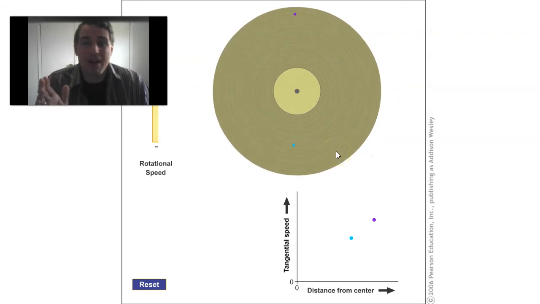But what do we mean by faster? Not faster in terms of rate of rotation, in terms of angular velocity, but faster in terms of linear velocity or tangential velocity magnitude. And that's because it's moving a larger distance in the same time, because the circumference is greater when the radius is greater.